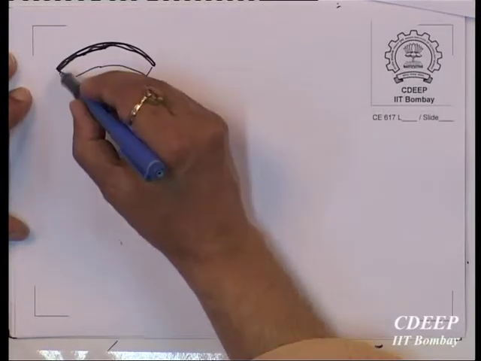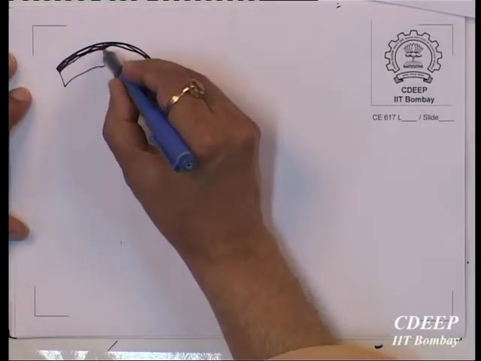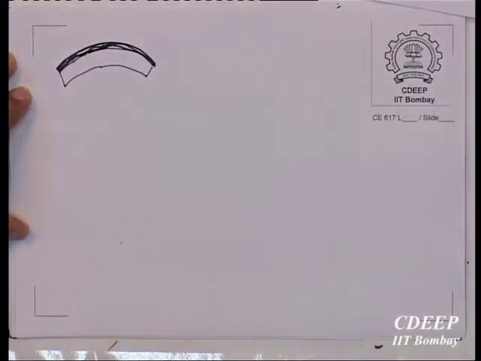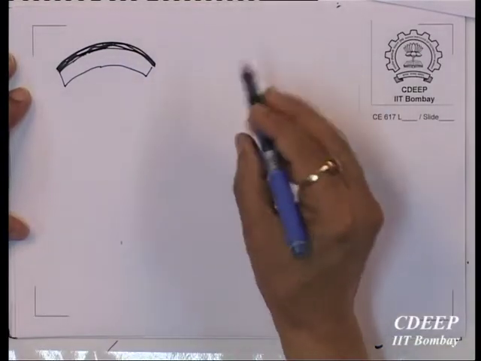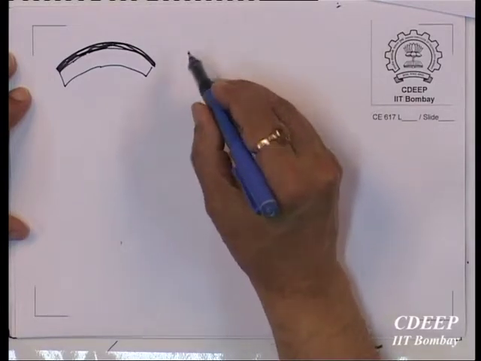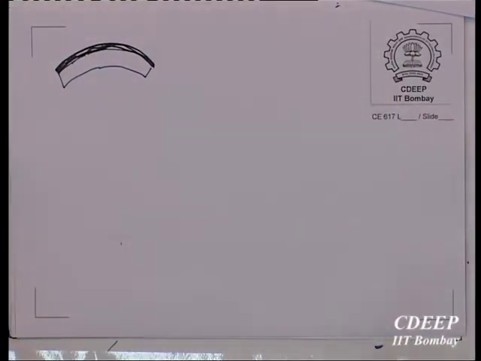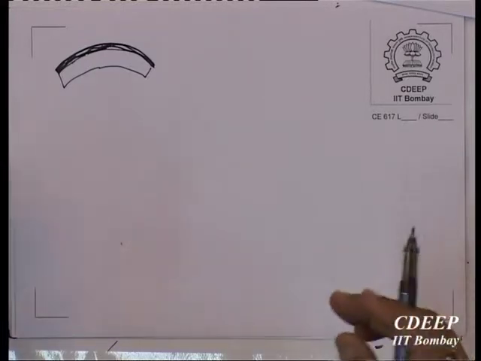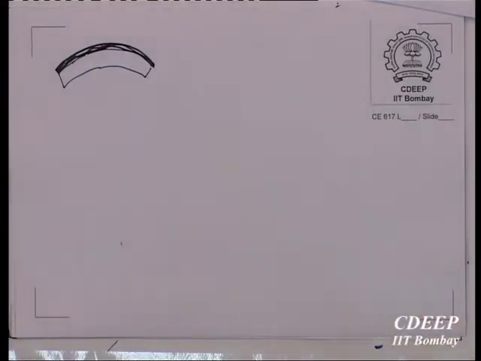There will be an arch below. So, if this is a shell here and here, at the end you will have a stiffener. Arch means it is acting as a stiffener, x equal to, with a ring or an arch.